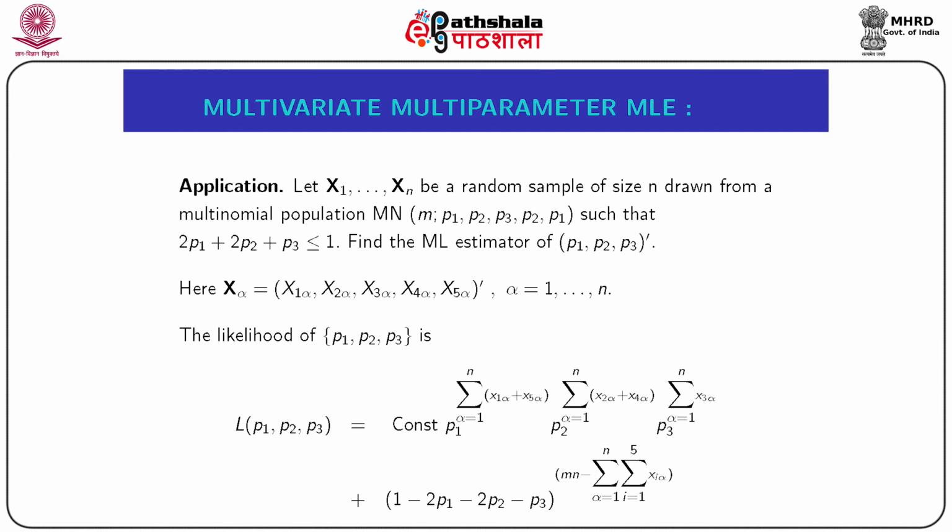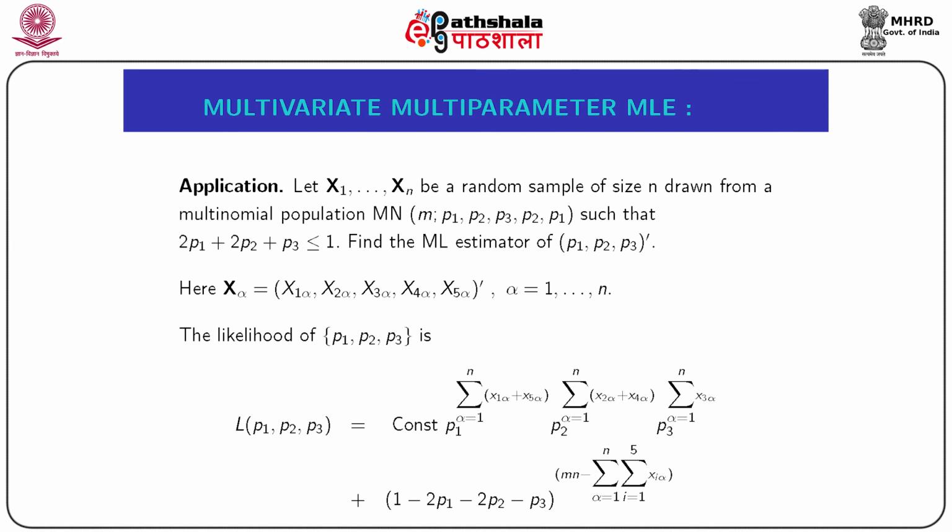Now, the likelihood function of p1, p2 and p3 is capital L of p1, p2, p3 equal to a constant into p1 to the power summation alpha from 1 to n of x1 alpha plus x5 alpha, into p2 to the power summation alpha from 1 to n of x2 alpha plus x4 alpha, into p3 to the power summation alpha from 1 to n of x3 alpha, into (1 minus 2p1 minus 2p2 minus p3) whole to the power mn minus double summation xi alpha.